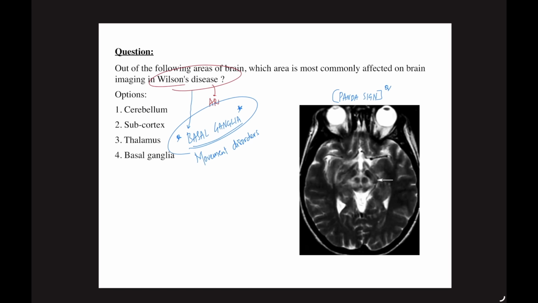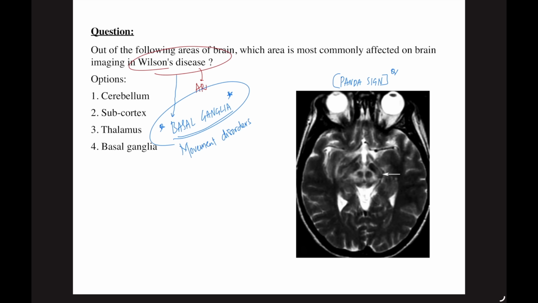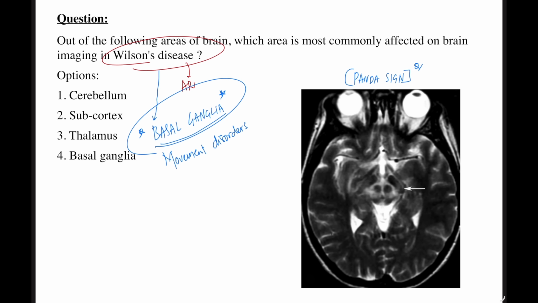One more question, maybe an image-based or spotter-based question, can be expected in radiology, which is not part of our syllabus. Maybe in other MCQ entrances, you might get a question on this panda sign, Wilson disease. But here, the basal ganglia is the site where you will see deposition of copper in Wilson's disease.